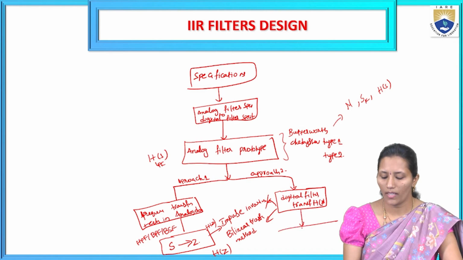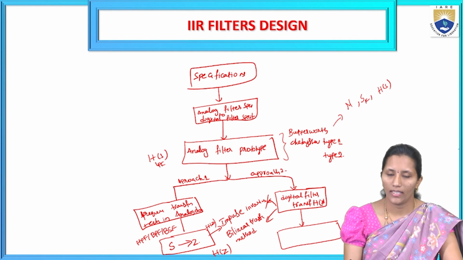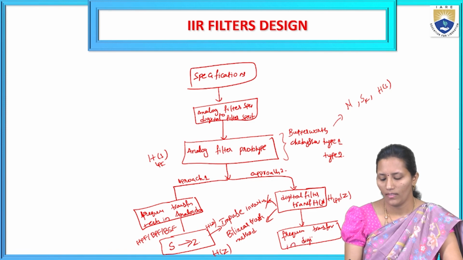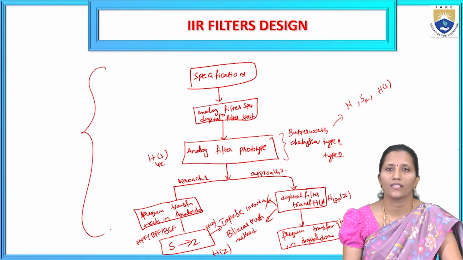But in a specification, if we want to design a high pass filter, band pass filter or band stop filter, then, since we have the low pass digital filter transfer function, we have to apply the frequency transformations in the digital domain. So in IIR filter design, this is the basic procedure.